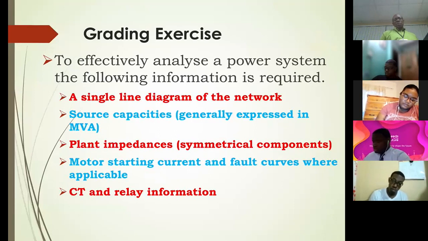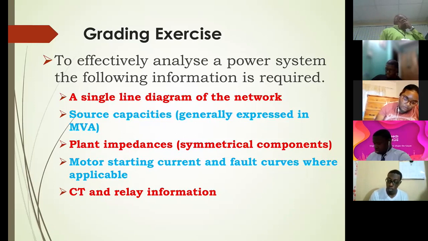Two, you must have the capacity of the source. So what's the capacity of the source within the network? Thirdly, you want the symmetrical impedances, the plant impedances, symmetrical components.